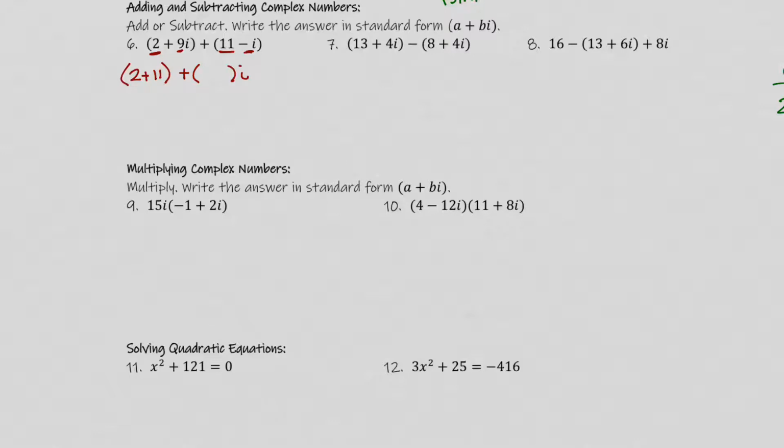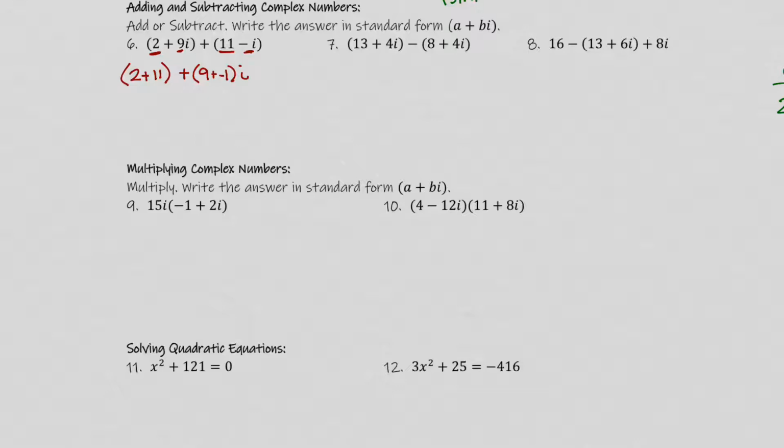So I'm going to have a 9. My symbol was a plus, so it's plus. And then I have a negative i. A number is not written there, but that meant it's negative 1. Since it's minus i, it means it's negative, and if no number is shown in front, it means 1 is there. Because if i was gone, it'd be a 0, but i's there, so it has to be something.